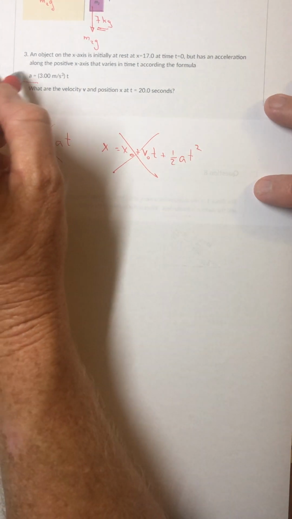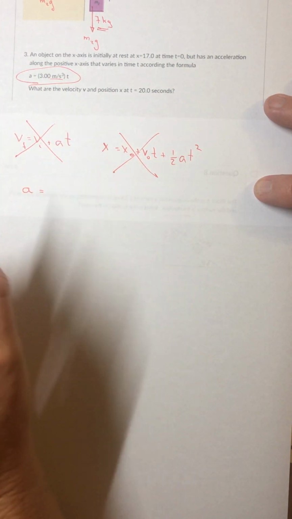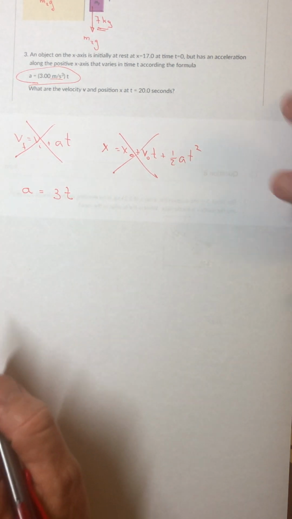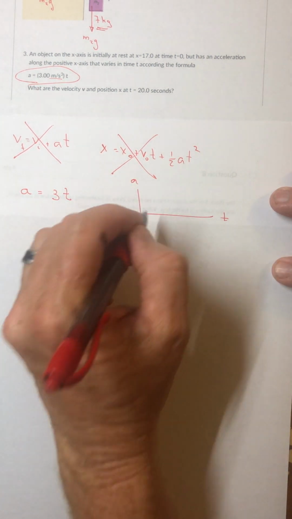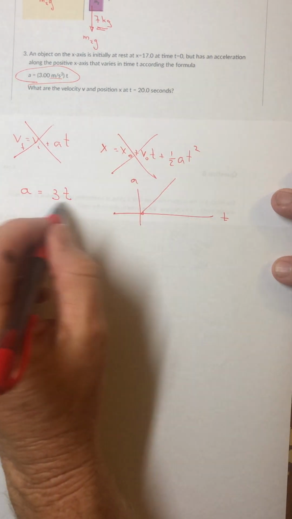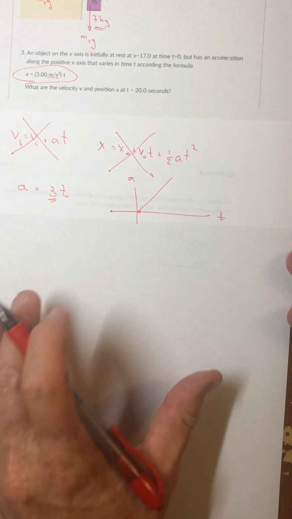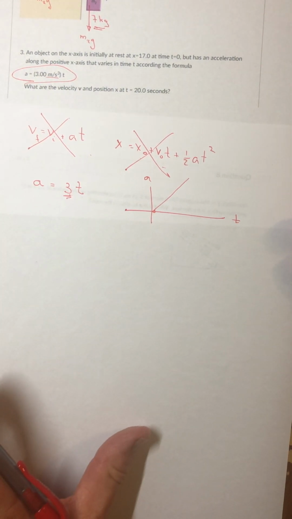And so you recognize here that the acceleration, and I'll just write it without the units, is 3t. In other words, it changes with time. If you made a plot of acceleration and time, it would be just a straight line, right, with a slope of 3. And so that means it changes. So none of these equations for constant acceleration could work.